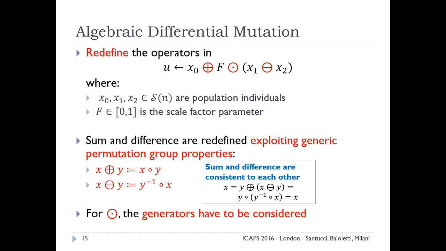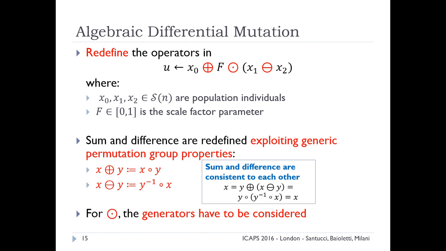Okay, we can start with the sum and the difference. We can simply say that permutation x plus permutation y is equal to x composed y, and we can say that x minus y is equal to the inverse of y composed x. Sum and difference are consistent to each other, like in the classical arithmetic.